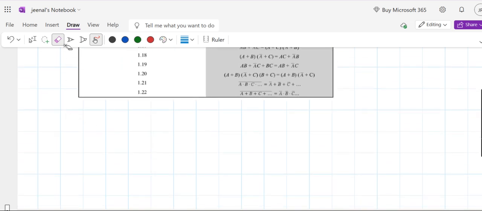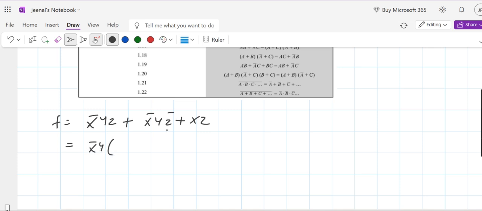So let me give you an example. Say I have an equation f is equal to x bar y z plus x bar y z bar plus xz. Anytime you get an equation, try to see what are the common terms that you can fetch out. So in these two terms, I have x bar y and then I can write z plus z bar, plus xz.